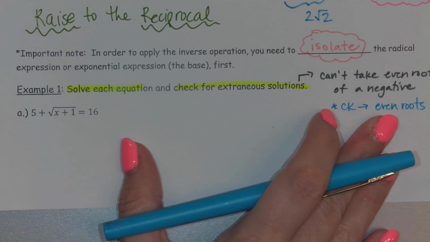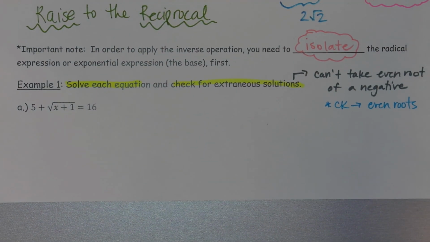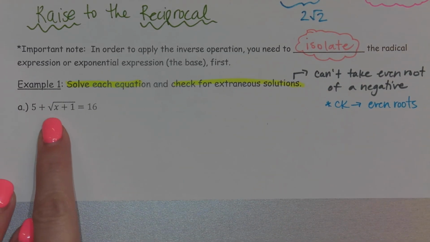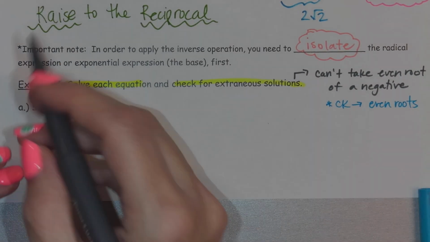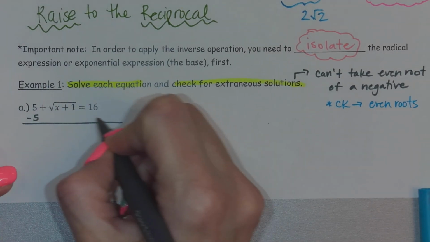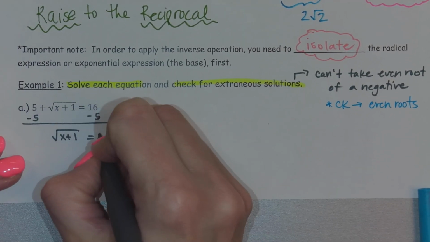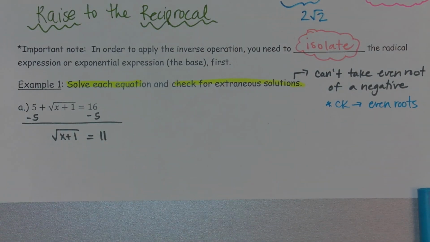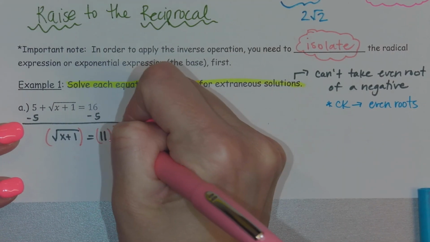All right, so then let's go ahead and isolate the radical function. So my first step is to get that radical alone. So I'm going to subtract 5 from both sides. Okay, now the radical is isolated. Once you have the radical isolated, whatever the index is, you're going to raise that to both sides.